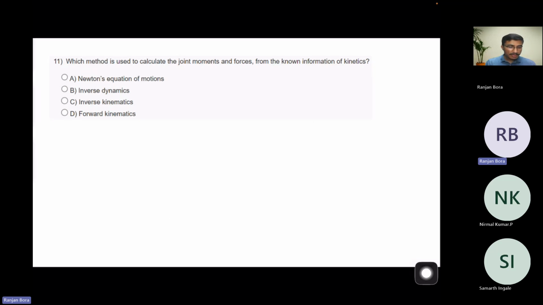Next question: which method is used to calculate the joint moments and forces from the known information of kinetics? No, it is inverse dynamics.